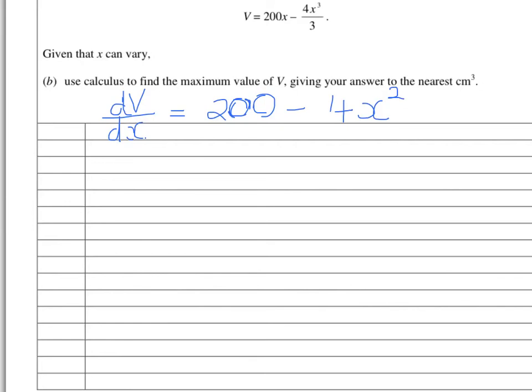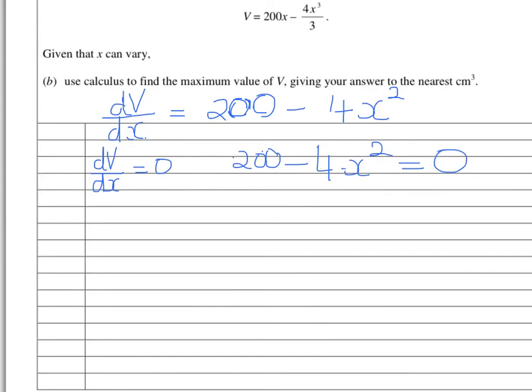So dV by dx is 200 minus 4x squared. At a maximum, dV by dx equals 0. So I shall equate 200 minus 4x squared to 0.